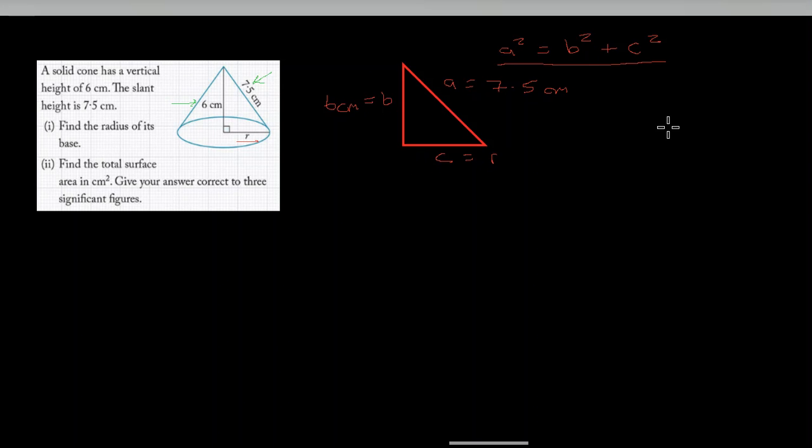centimeters. So what we can do is we can substitute in the values that we have here, and we can use this then and manipulate the formula. So what we're saying is that 7.5 squared, that's coming from the A up here, is equal to B squared, which is 6 squared, plus C squared.